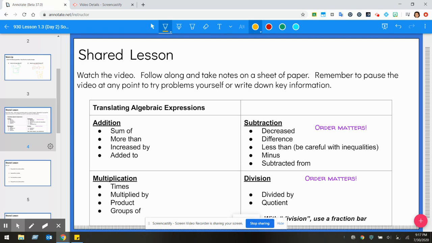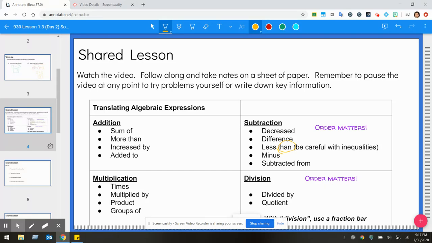A big thing here too is the word than. When you see the word than, you're going to switch the order of the terms. And there's going to be some examples in here that I'm going to show you what that's going to look like. But we just saw it in our warm-up as well. What is 5 less than 12, right? That's 12 minus 5. So that word than told me to put that minus 5 after the 12.